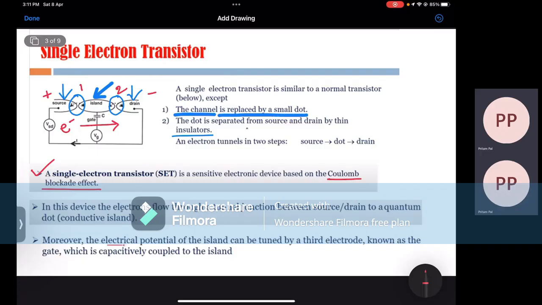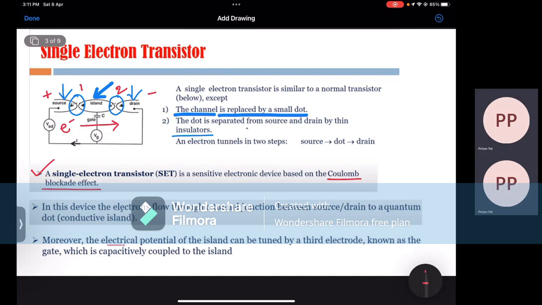So it goes from the source to the quantum dot, then from the quantum dot to the drain.